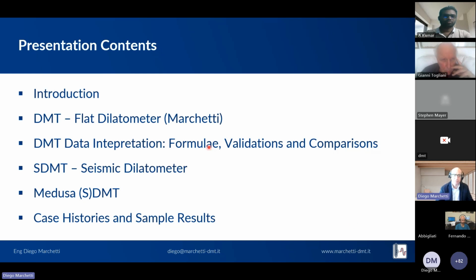We looked into the flat dilatometer, the interpretation of the formula with validations and comparisons with other equipment. I then showed you how the equipment of the seismic dilatometer works, and then we had an insight of the Medusa DMT and Medusa SDMT with case histories and sample results.